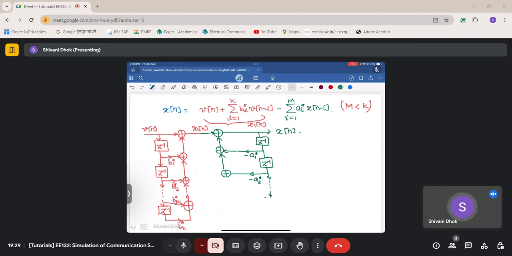You repeat the same thing m number of times. So we'll have minus of am conjugate here. Okay, so this particular representation is called direct form 1.